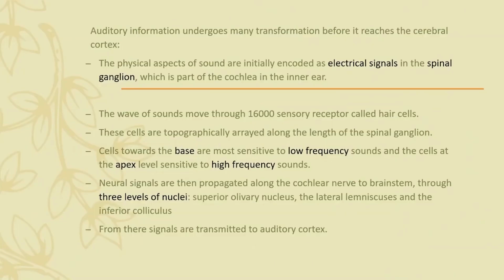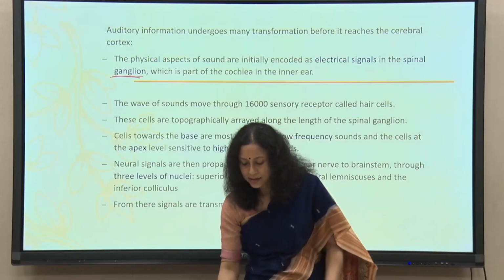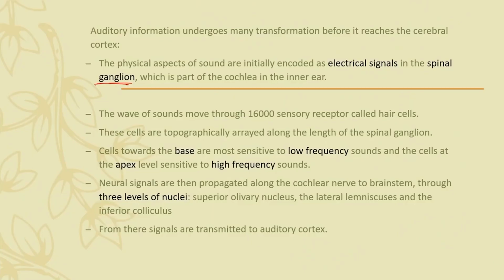Basically, the physical aspects of sound are received through the auditory system, and then encoded as electrical signals in the spinal ganglion. This is the first important location where the input is taken, which resides in the cochlea, in the inner ear.